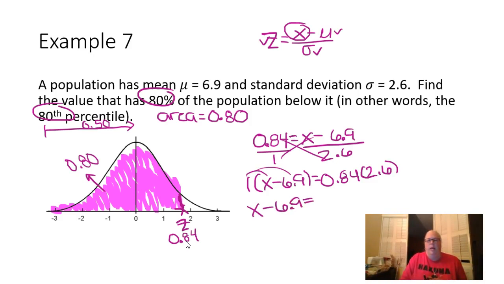And on the other side, 0.84 times 2.6 is 2.184. All right, and to solve for x, we'll add this 6.9 to both sides. And we know those will cancel. So my data point is 9.084.